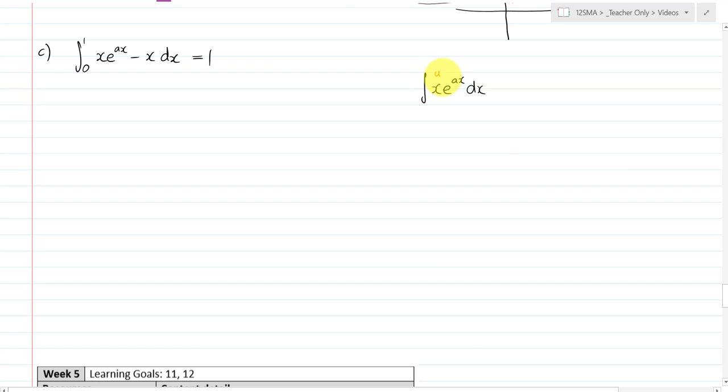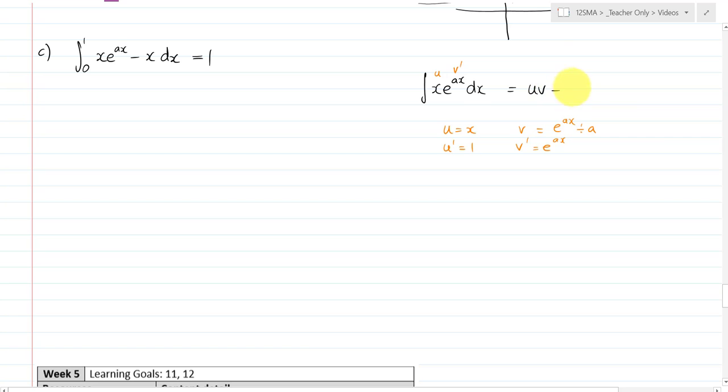Linear is my second preference, but there's no log function. v dash will be the exponential function. If u is equal to x, then u dash is equal to 1. And if v dash is equal to e to the ax, then v is equal to e to the ax divided by a.